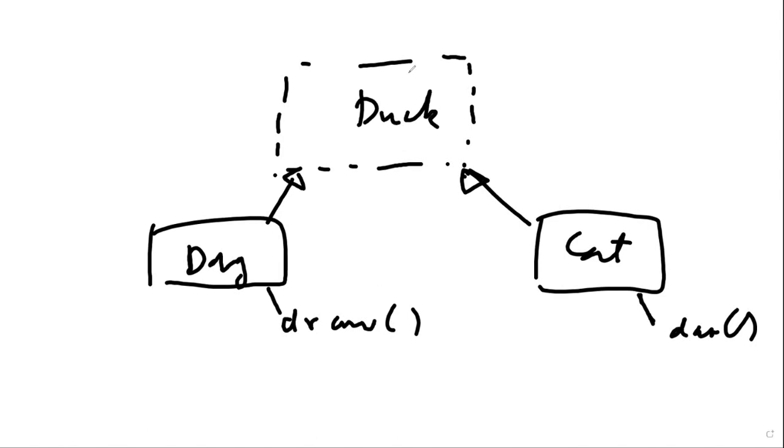So if duck can have a draw function, and everybody has the draw function, then everybody is a duck. It's okay, but we really do not define an interface on top of it. Is that okay?